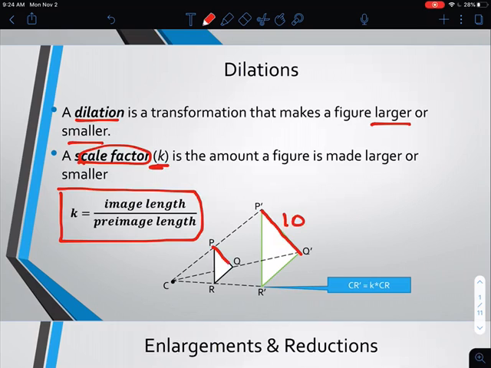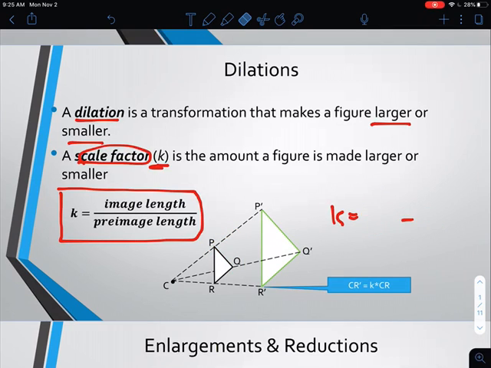And then they tell us that the length from P to Q, the corresponding side length, is 5. P prime Q prime matches up with PQ. So if I want to calculate the scale factor, I take the image value, P prime Q prime, 10, and put it over my pre-image value of 5. I take 10 divided by 5, and my scale factor would be 2.